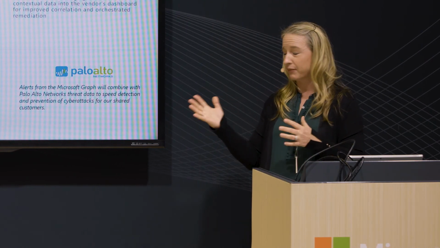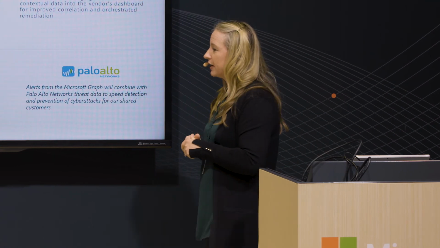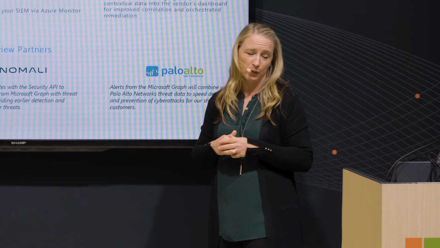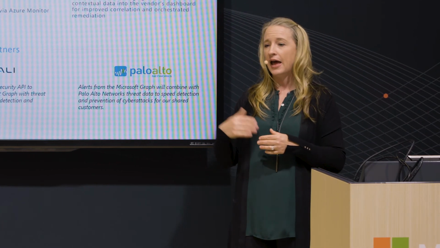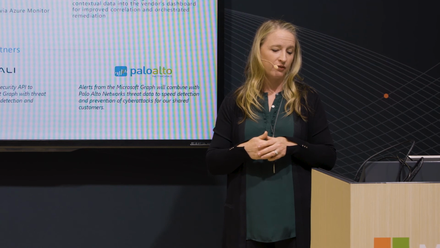Anomaly, for example, is querying the security API to get a list of all of the security alerts for a particular customer in that common schema, so that they can correlate it with threat intelligence that lives within their system. Palo Alto Networks we're working with on a proof of concept where they're able to take those alerts and enrich them with information from their own threat intelligence, the Panorama or AutoFocus solution, or Panorama for firewall logs.